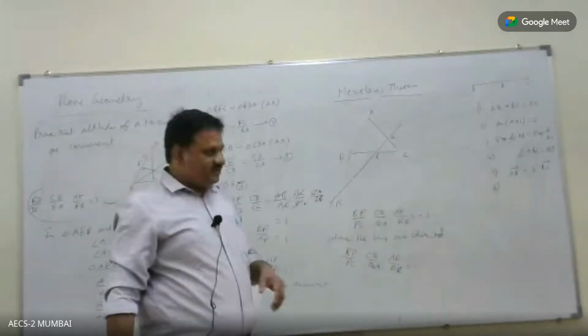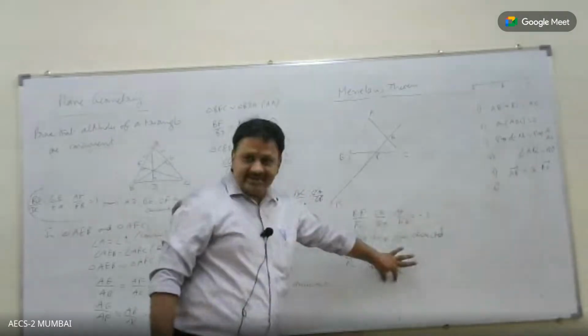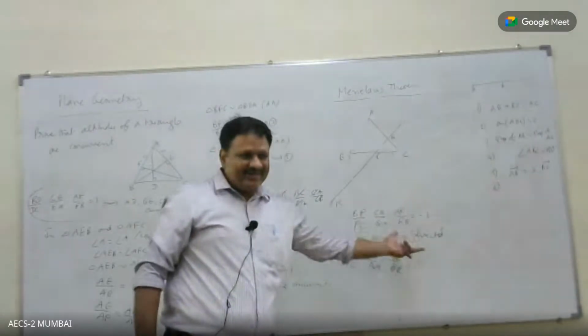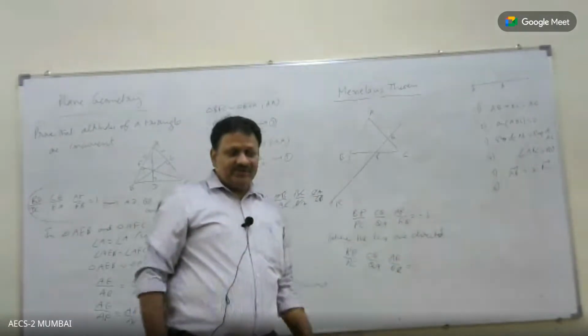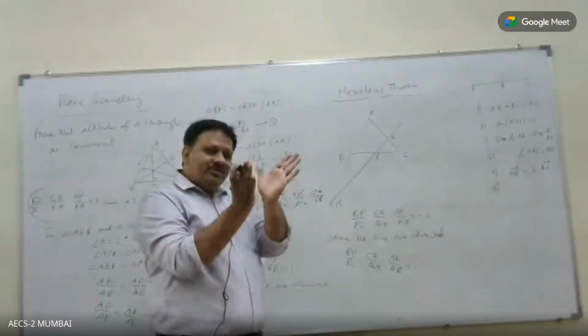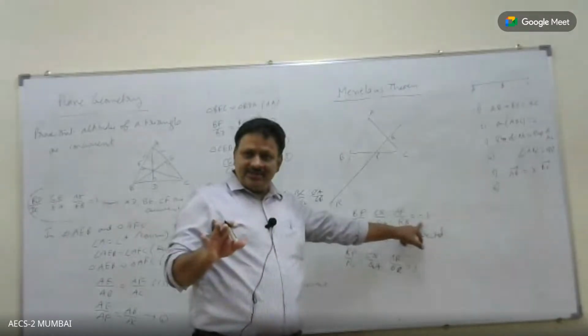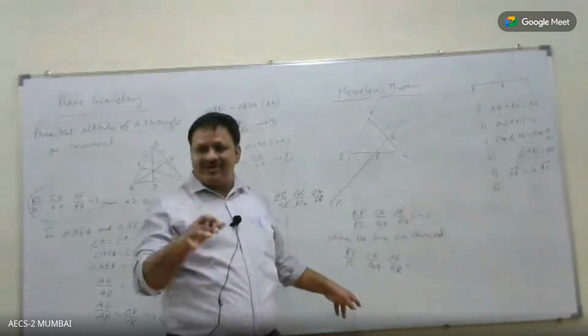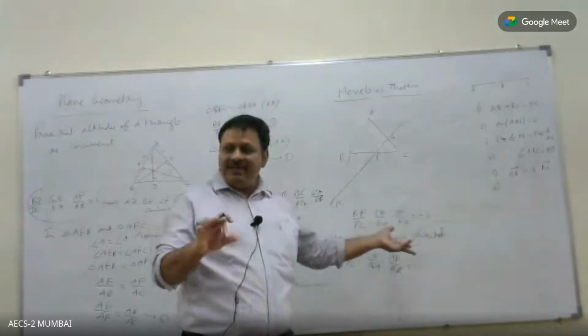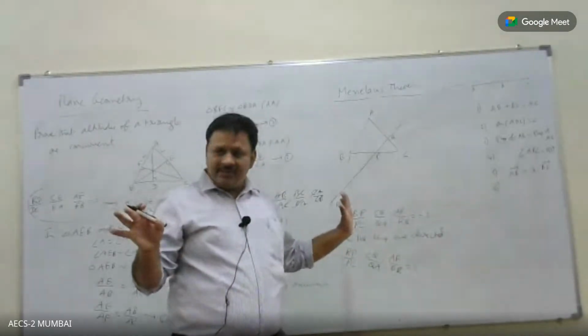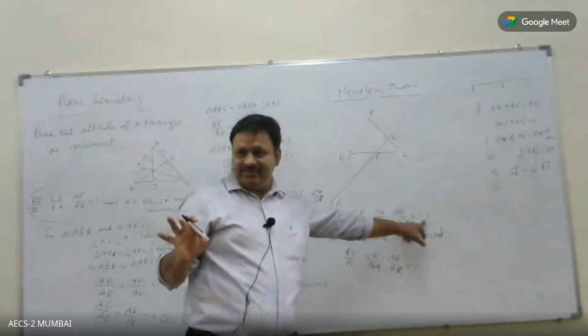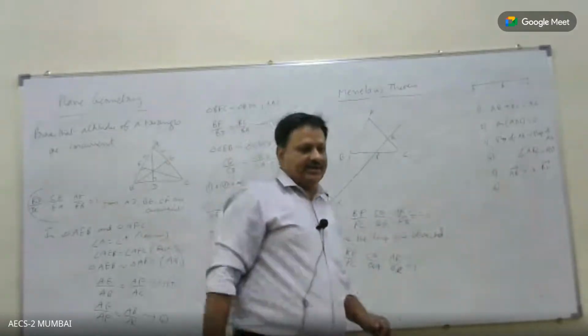Isn't it? It is RB, not BR. So one negative will come. At this stage, because we would deal only with lengths, you can ignore this negative sign comfortably. You can change the order however you want. RB or BR, you can take, no problem. Ignoring the negative sign in Menelaus. Okay. Right.